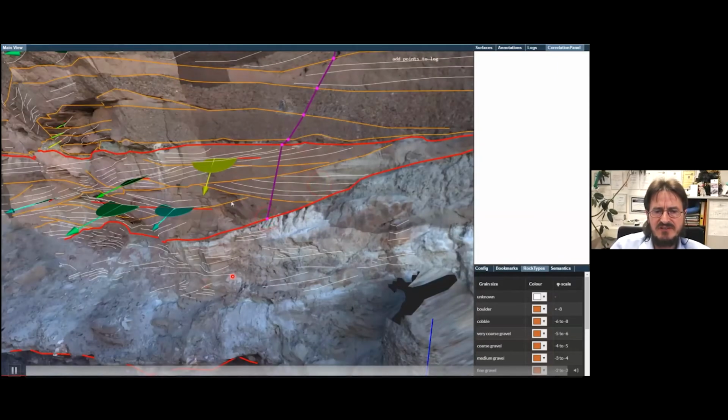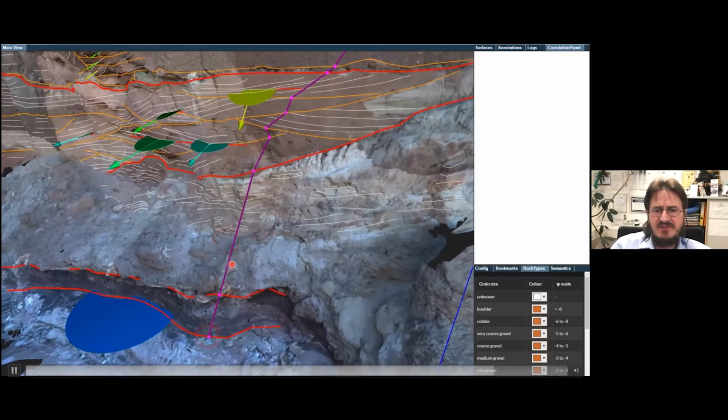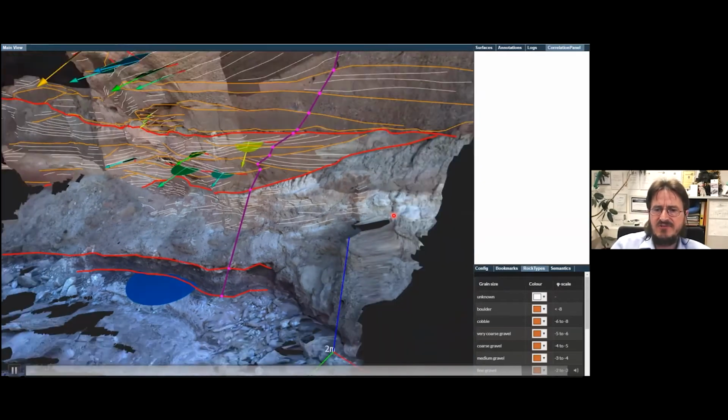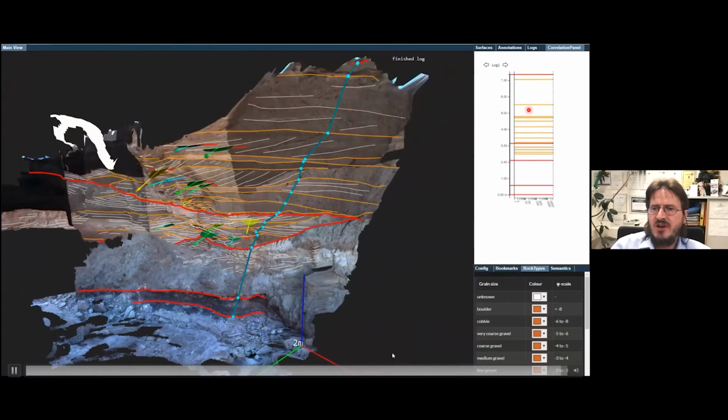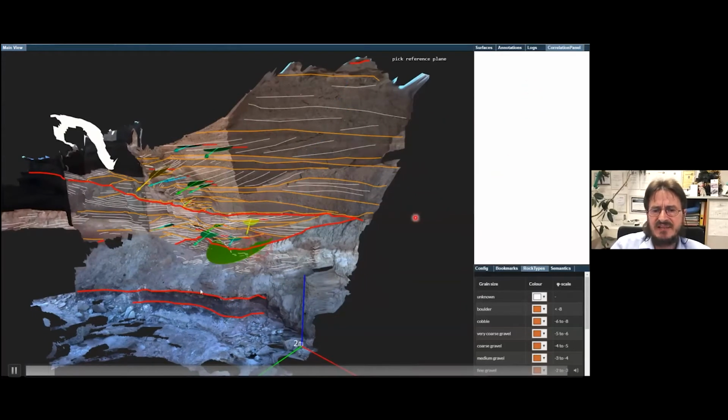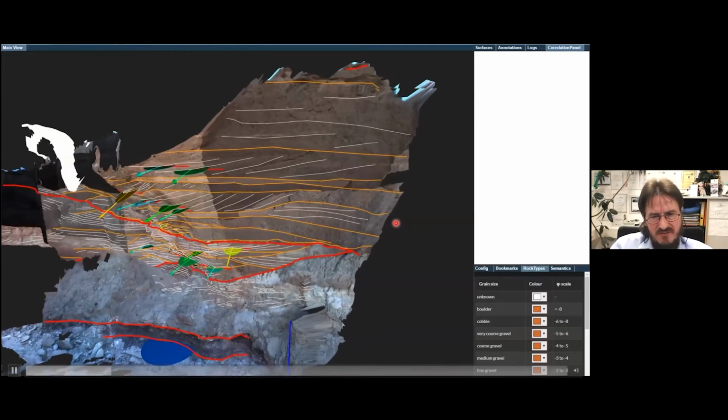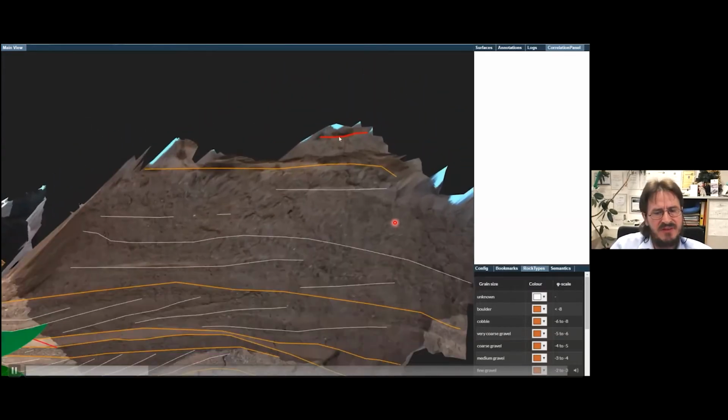And if you are finished with defining these layers, then you can generate your abstract representation, where within each of these layers you have information on the content of the layer, the grain size of the rocks, and so on.